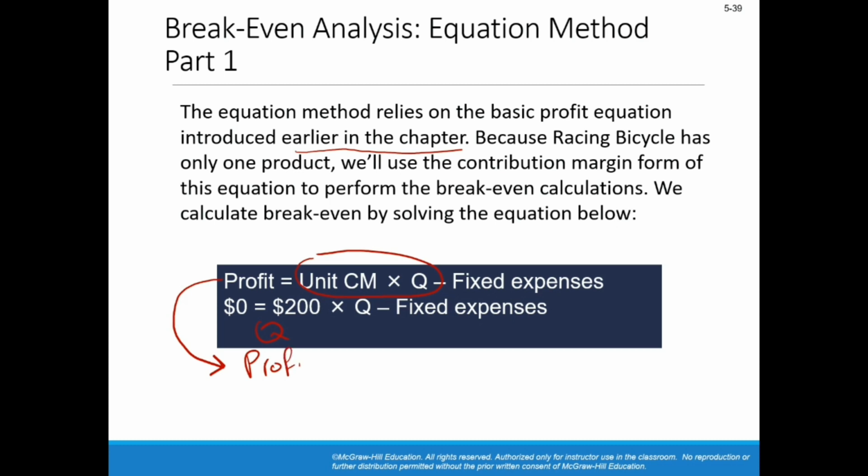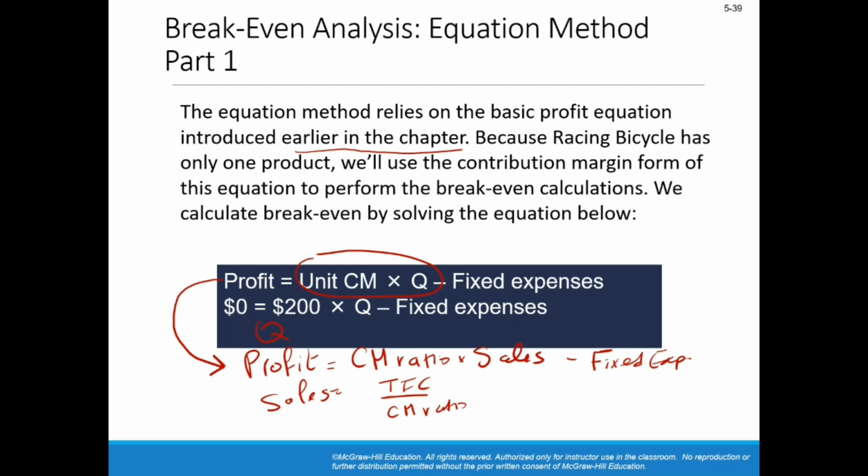So you can say that profit is equal to CM ratio multiplied by sales minus fixed expenses. And now simply rearrange to get into sales. Sales is equal to total fixed cost divided by CM ratio.